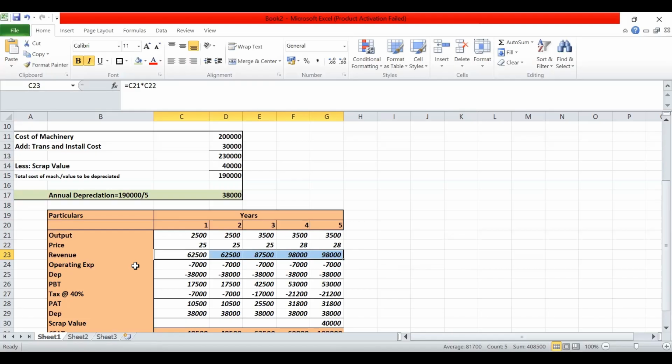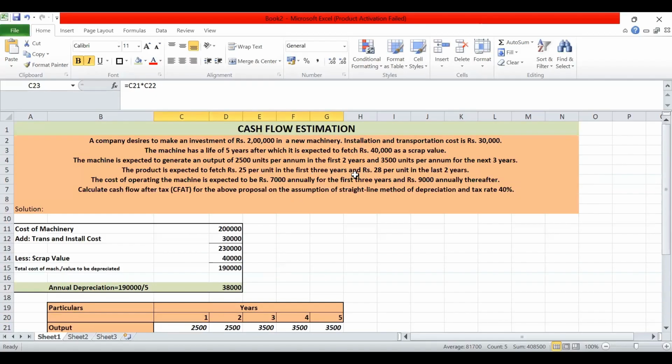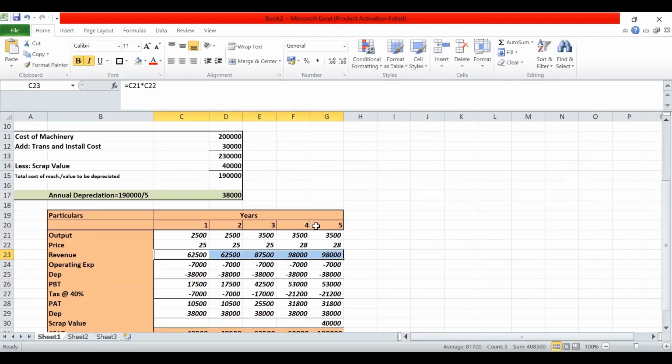Then operating expenses is 7,000 annually for the first 3 years, and then 9,000, we need to change it. So it is 9,000 for the fourth and fifth year, right? So you may also drag it down. I have included the negative sign so that we can directly subtract it.